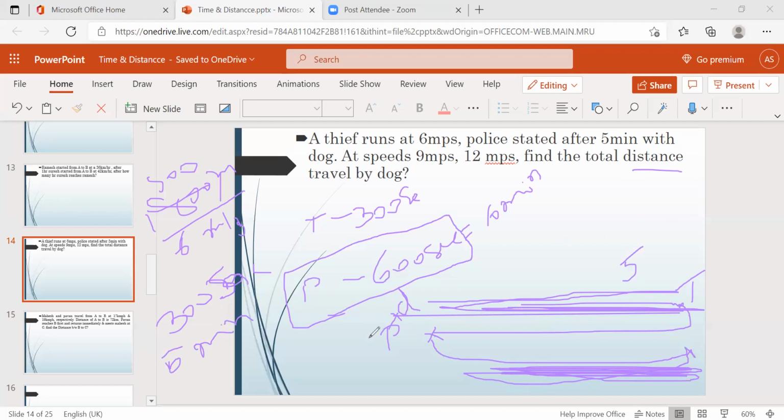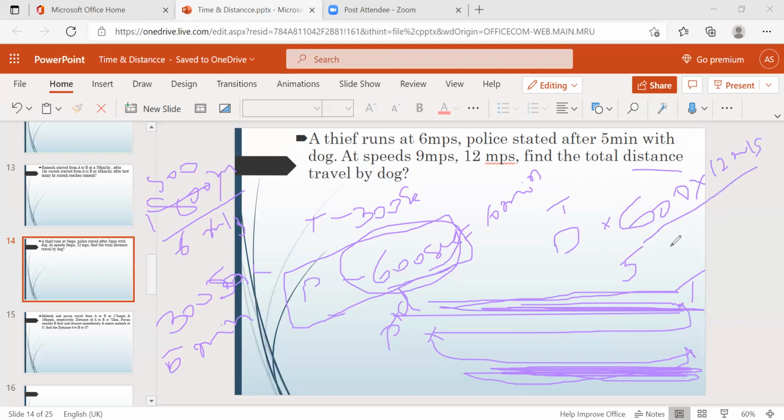They started, both police and dog started at the same time. After 600 seconds, police reach the thief, right? That means in that 600 seconds, the dog will be running. So 600 seconds with speed of 12 meter per second.